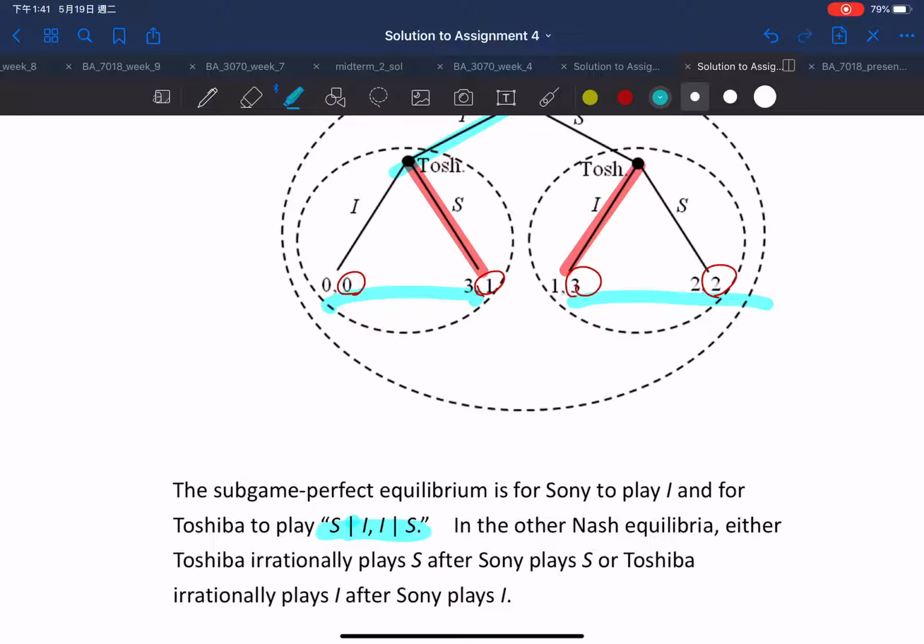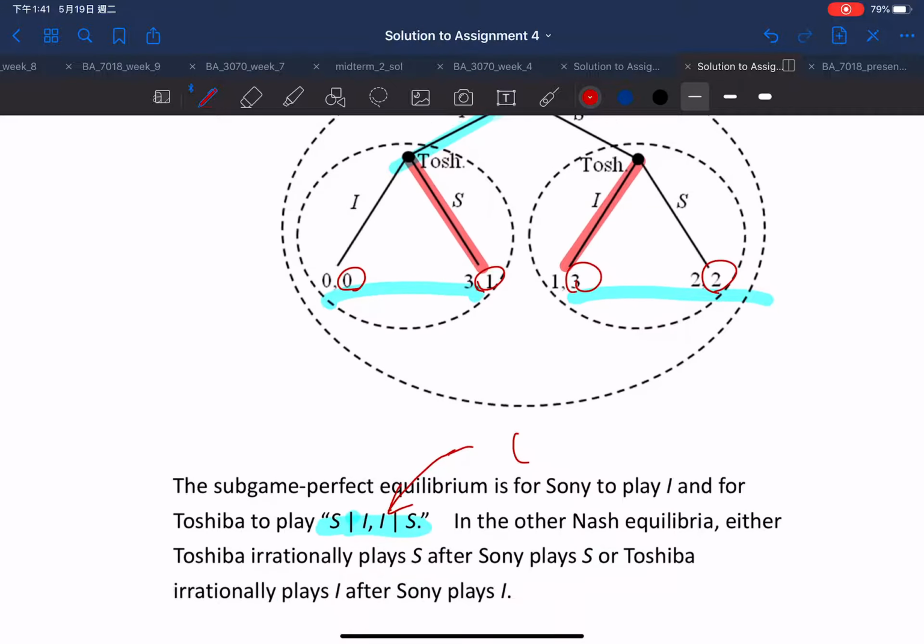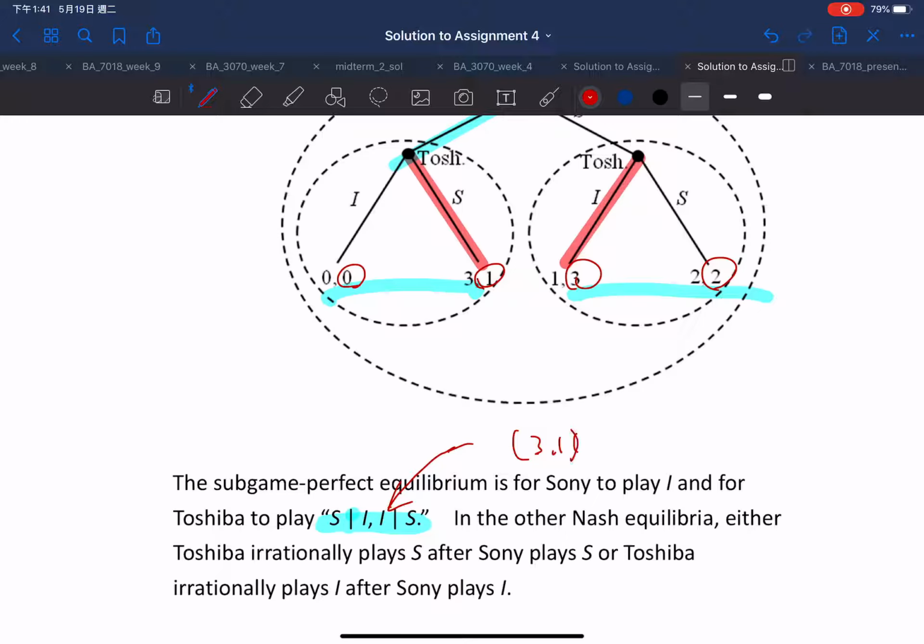Again, you can write something like this to represent the subgame perfect equilibrium, but do not write, for example, 3, 1, and say this is SPE. This one guarantees you a score of 0. There's no partial score for this one. That's the equilibrium payoff, not the equilibrium strategy. Strategy and payoff are different. Period. Okay?